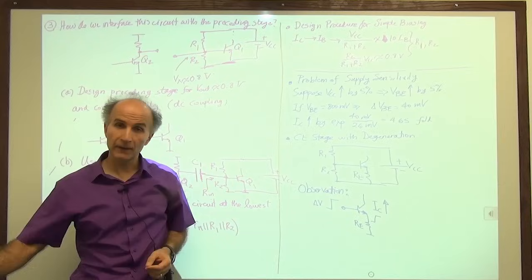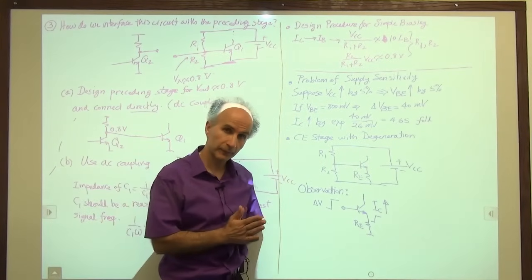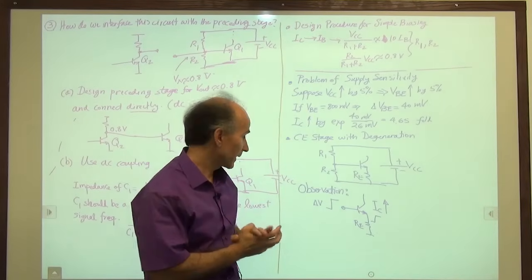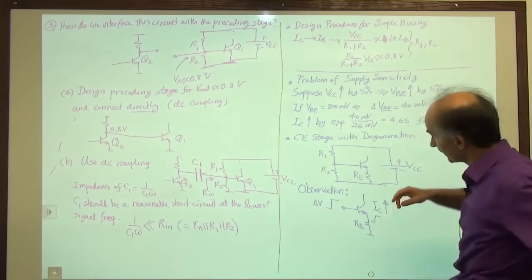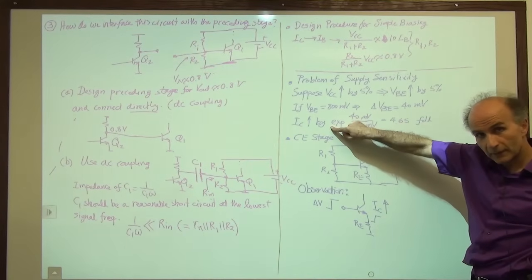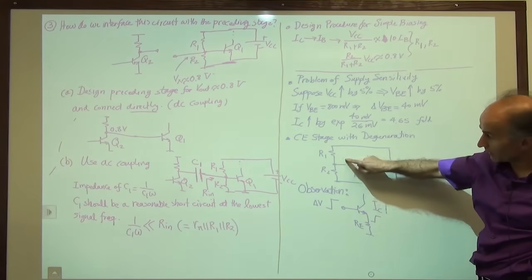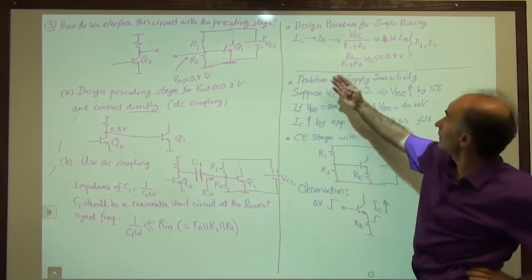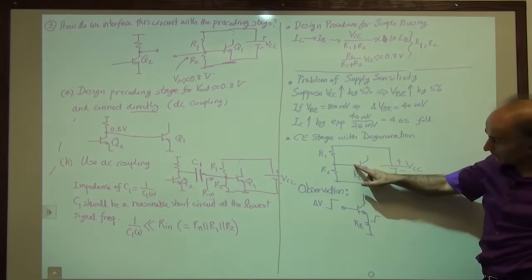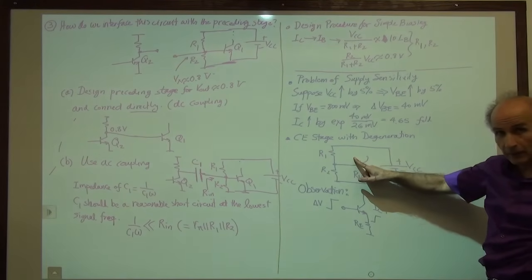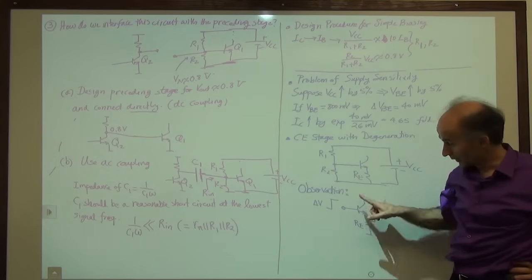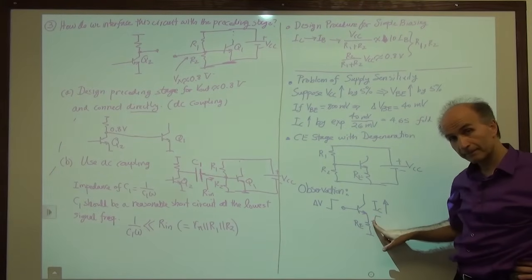So is that something that we can predict? Well, to some extent, what we can see is the following. If the supply voltage goes up by 5%, and the base voltage goes up by 5%, because it's still given by this type of equation, well, the base goes up by 5%, but the emitter voltage is not constant. The emitter voltage also goes up.